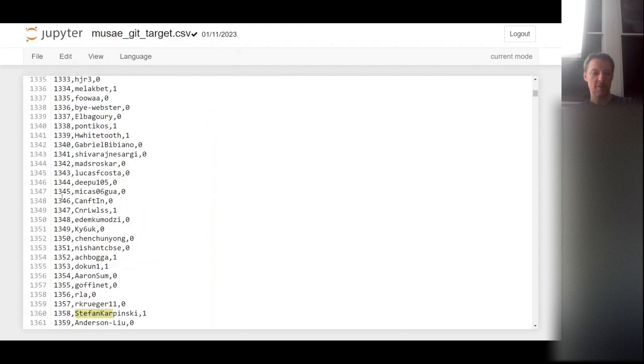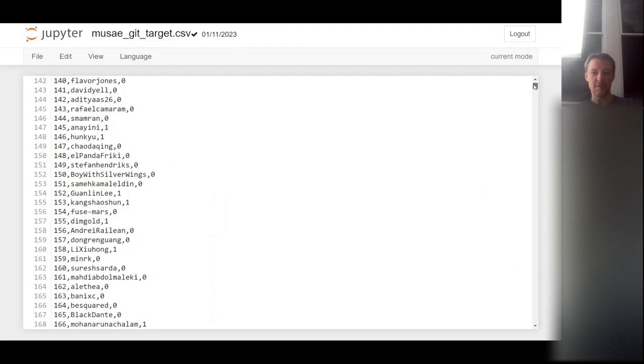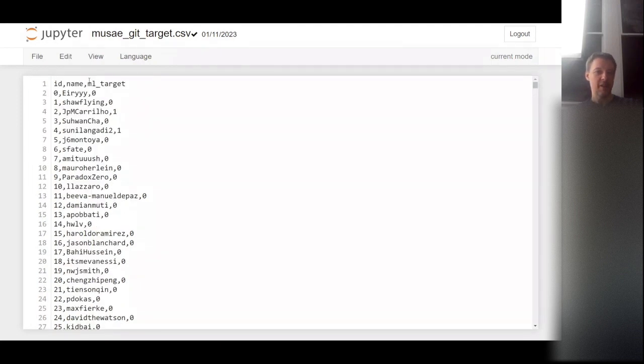Okay, for example, I can look for Stefan Karpiński. Stefan Karpiński is one of the creators of Julia, and we can see that he is in this data set under number 1358, and his label is 1, which means that this developer, one of the creators of Julia, is of type ML target 1, which means he is flagged as a machine learning developer.